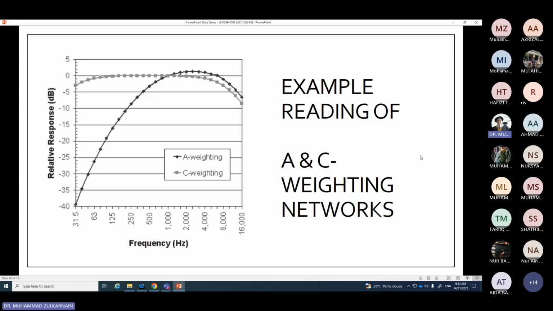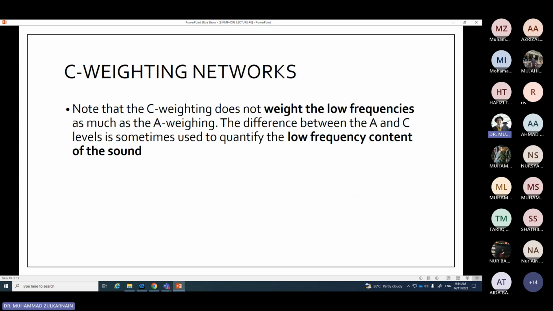Okay, that's for the condition description, differentiating the A weighting level and C weighting level. So, C weighting network, note that the C weighting doesn't weight the low frequencies as much as the A weighting. The difference between A and C level is sometimes used to quantify the low frequency content of the sound.